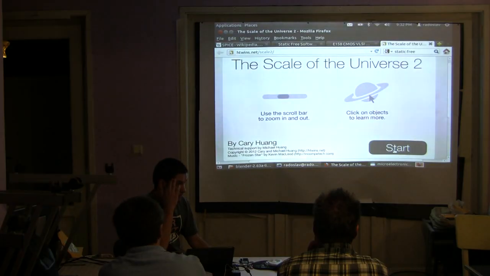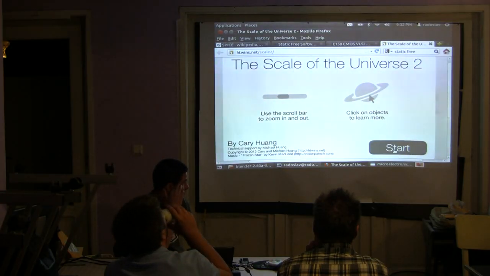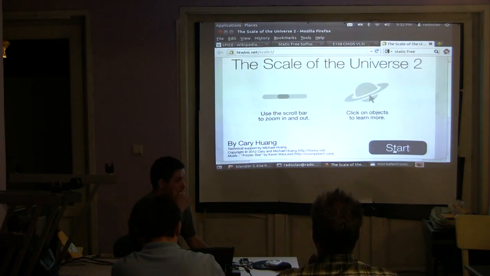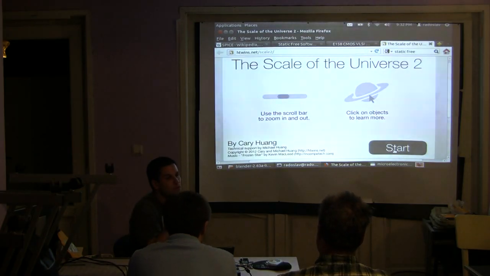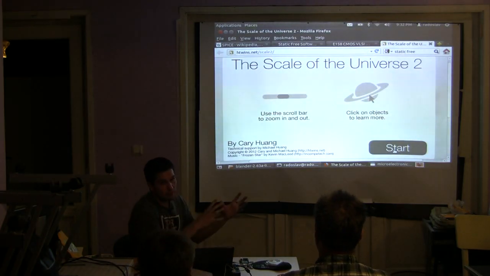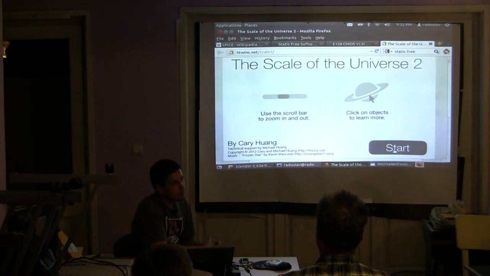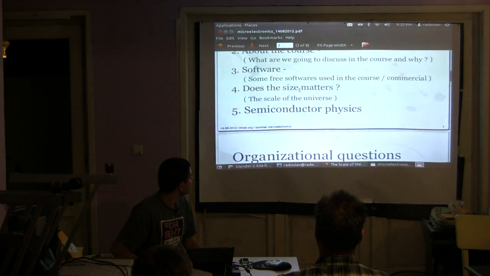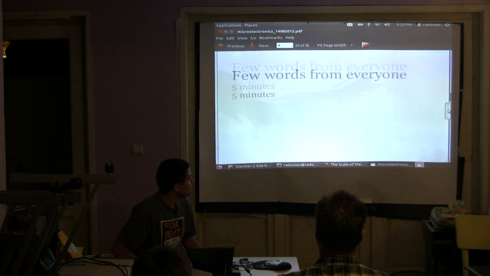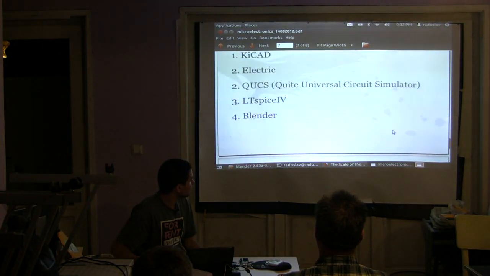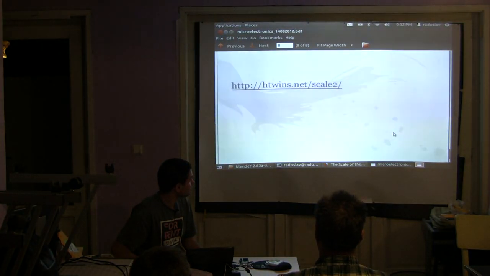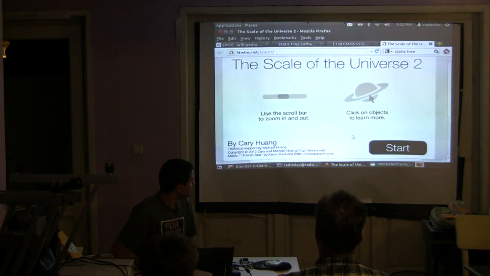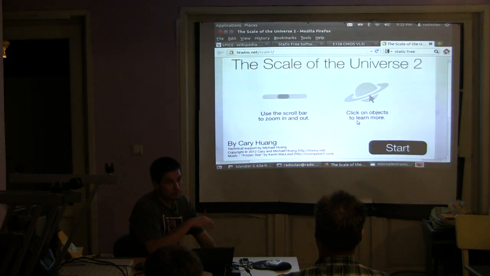So in order to understand physics, we need to be very good at sizes. That's what I meant in the agenda when I said, does the size matter? The things are going much smaller and smaller, and there are many things about it.